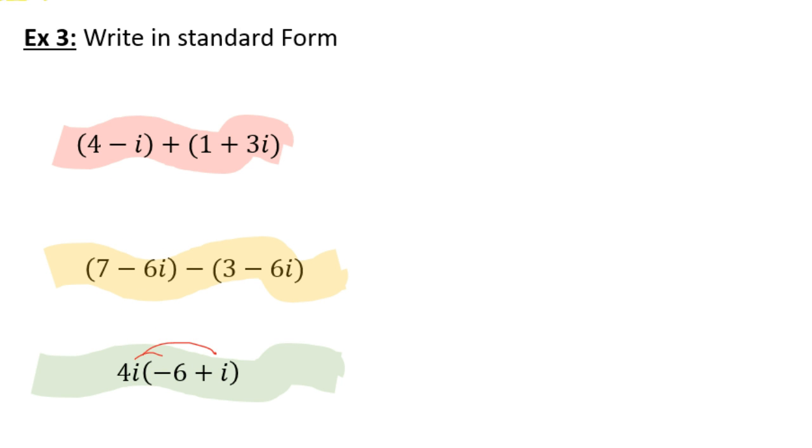When we distribute to both elements, to both values inside a parenthesis, we end up with 6 times negative 4, or 4i times negative 6, is negative 24i, and then 4i times i is 4i squared. I'm going to bring these values here just to show you guys a little bit clearer.